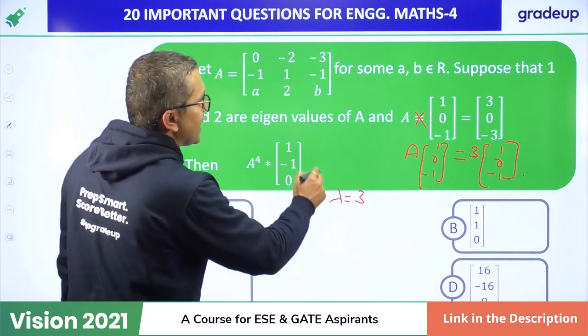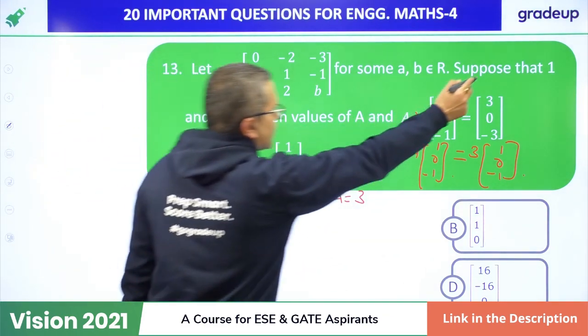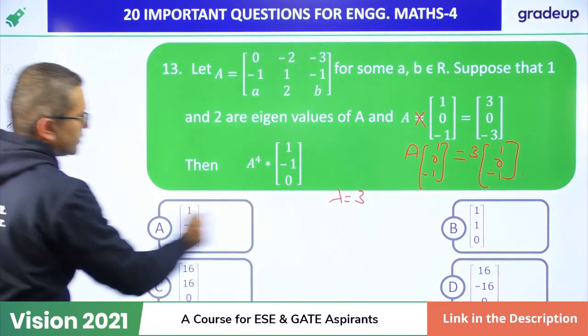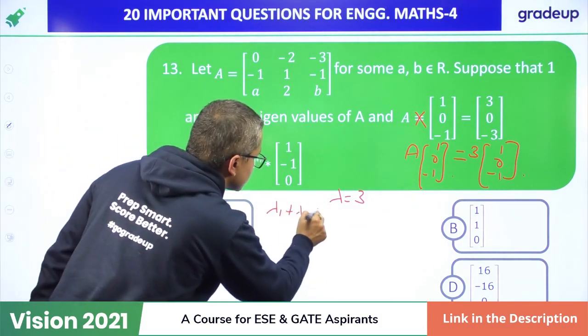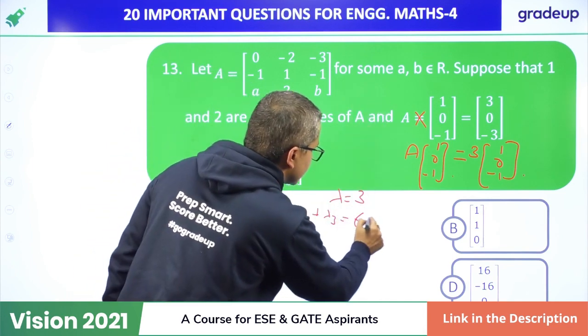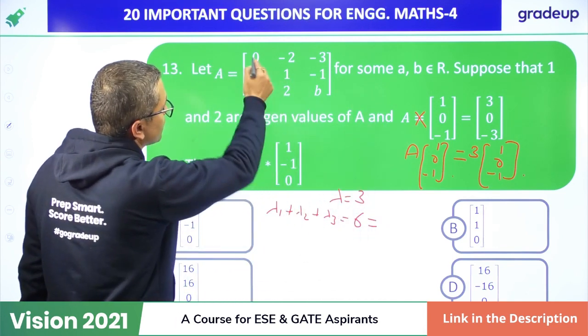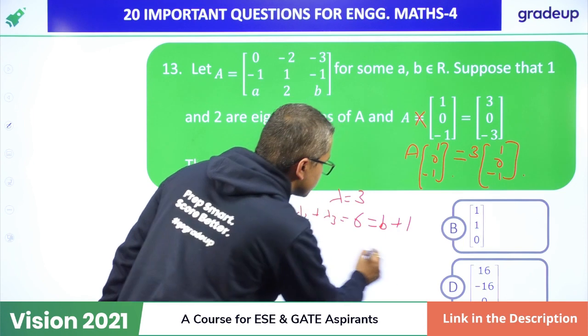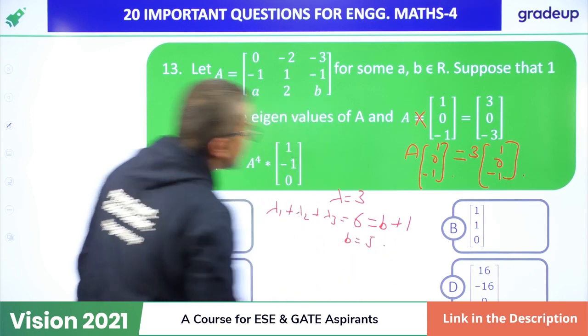Yes. Now if you add all the eigenvalues, what do you get? Lambda 1 plus lambda 2 plus lambda 3. If you add these, 3 plus 2 plus 1, you are going to get 6. That should be equal to B plus 1 plus 0, so B equals 5.